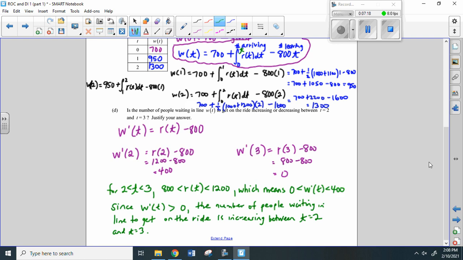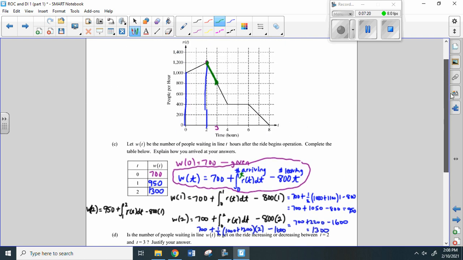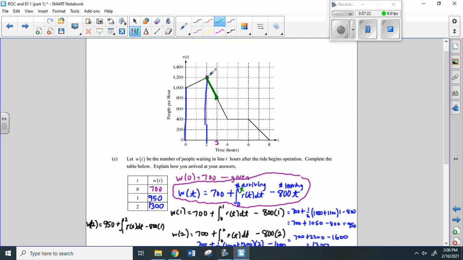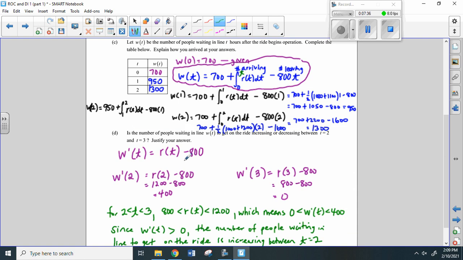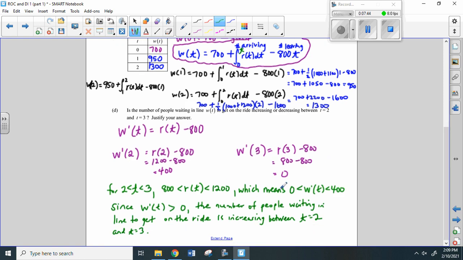All right, so what we did from the graph was, again, we figured out that R of t between time 2 and 3 was always going to be between 800 and 1200. And as long as that's the case, no matter what I plug in for R of t between 800 and 1200, and not directly on the ends, then I will always get a positive number.